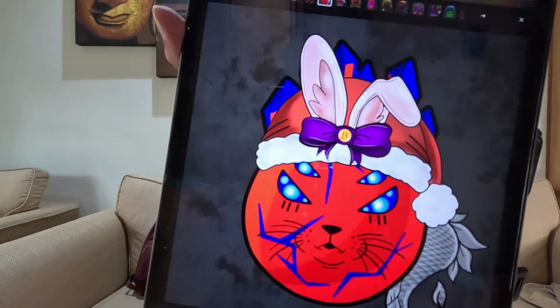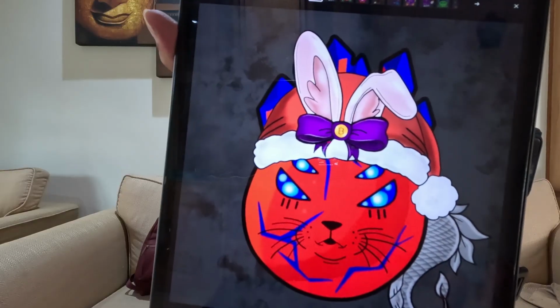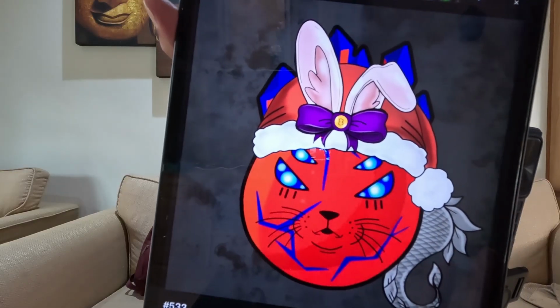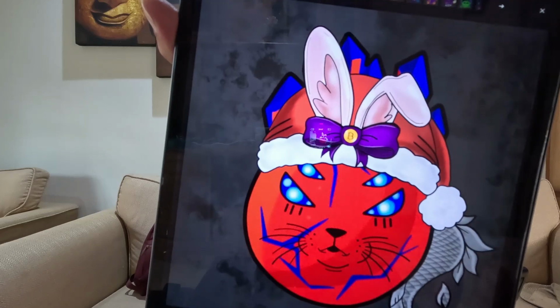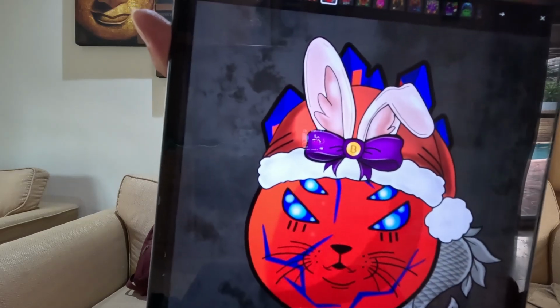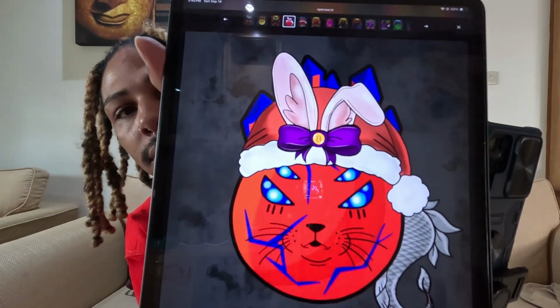Absolutely, and I really like that example you brought up. So basically what you're doing is you're using these traits as seasonal or event-specific hooks. And that's really important because it makes your NFT collection a lot more versatile and engaging throughout the year. In other words, by having something like bunny ears for Easter or a Santa hat for Christmas, you're giving yourself a natural way to highlight your brand during different holidays or cultural events.